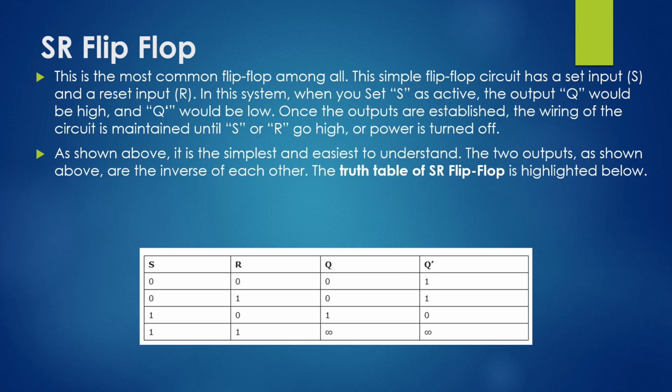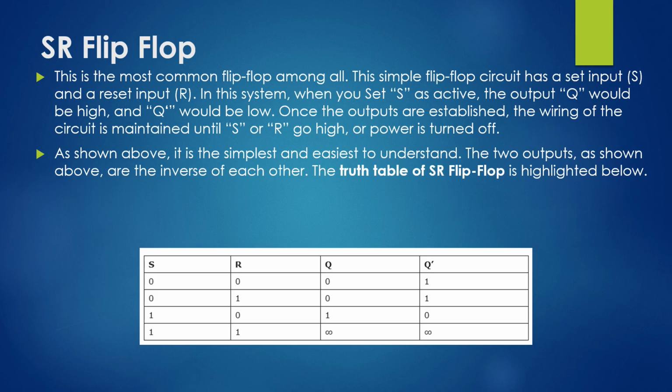Once the outputs are established, the state of the circuit is maintained until S or R changes or power is turned off. As shown above, it is the simplest and easiest to understand. The two outputs are the inverse of each other.